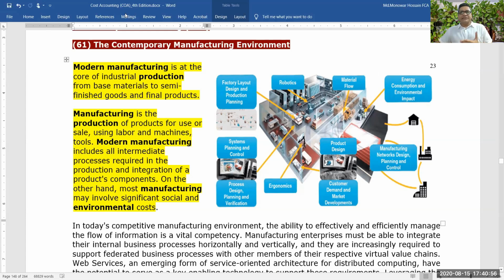Look, here is a layer of a digital factory: factory layout design and procurement planning, robotics, material flow, energy consumption, manufacturing network, consumer demand and market development, economic and process design planning, systems planning and control, all together as today's manufacturing environment.